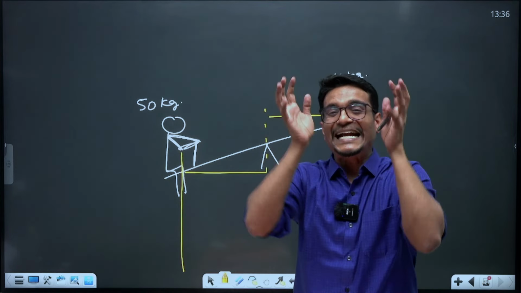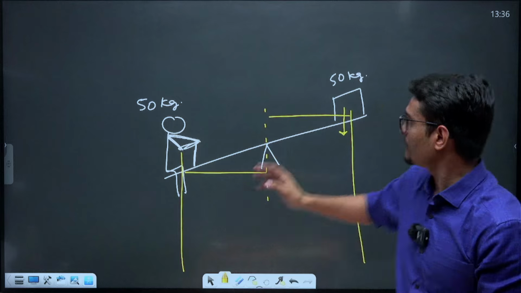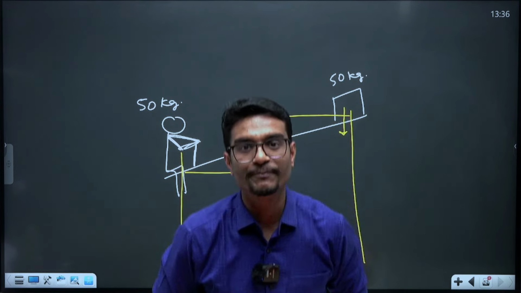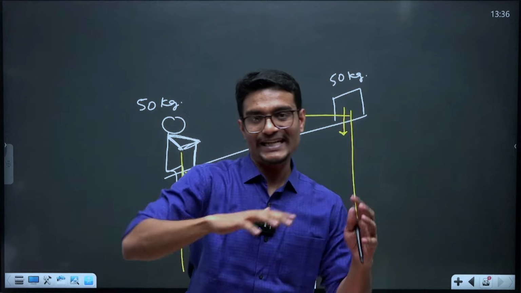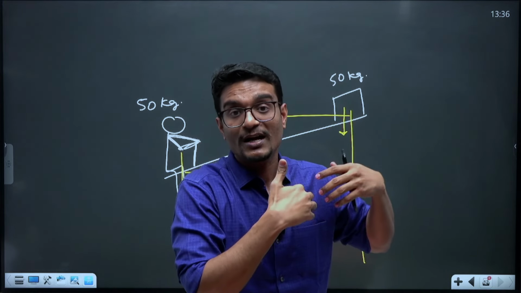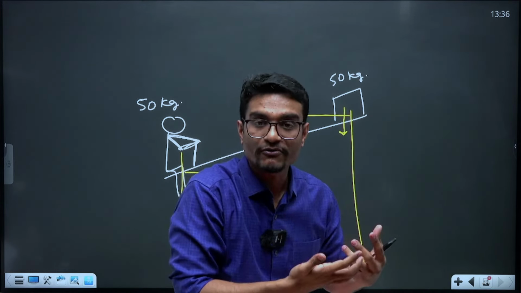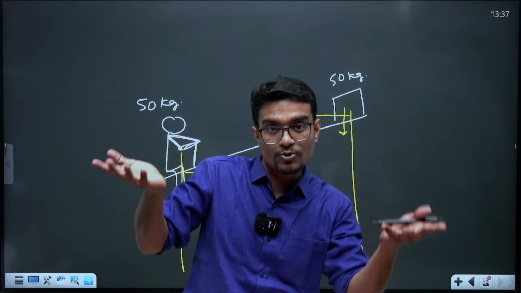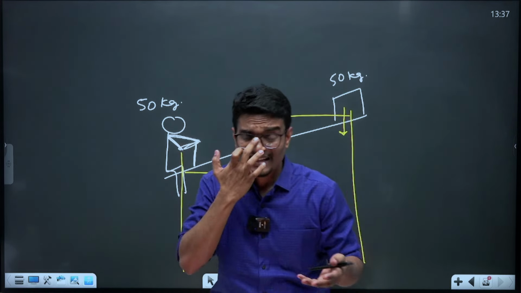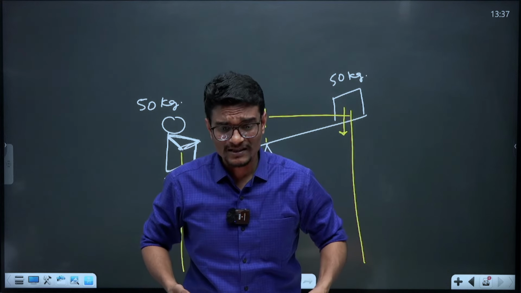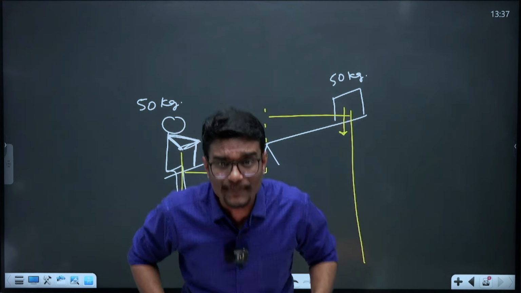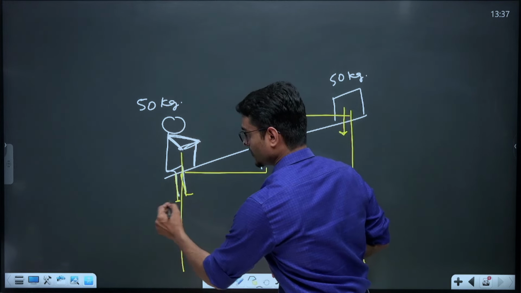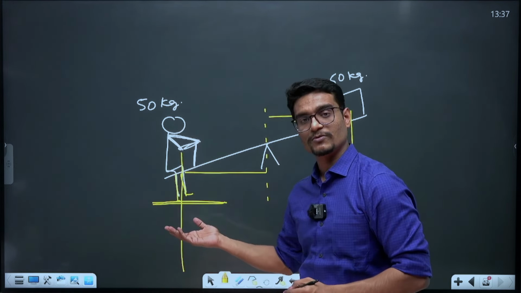But if we gently place this mass without any extra force... in real life what we do is we jump. Whoa. So because of that, it gets extra impulse, extra angular momentum, extra moment of force, because of which they come to the same level. There is a force, and plus there is resistance. The person also applies force with his feet.